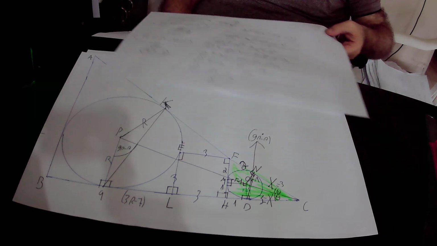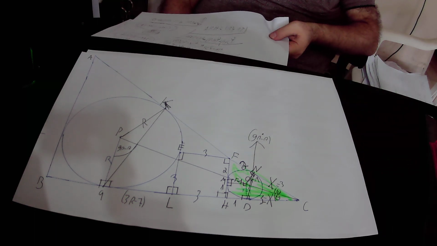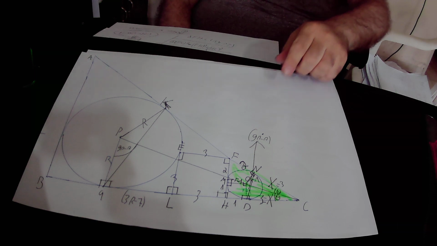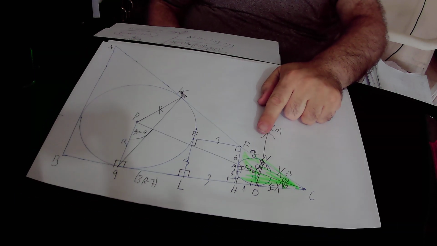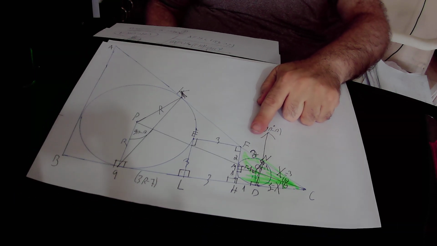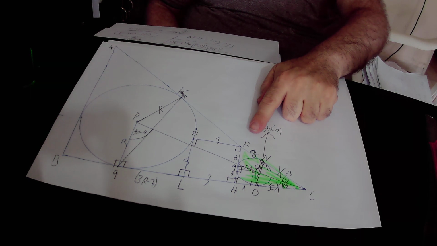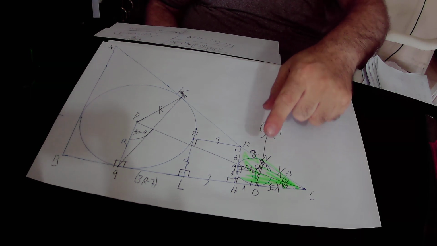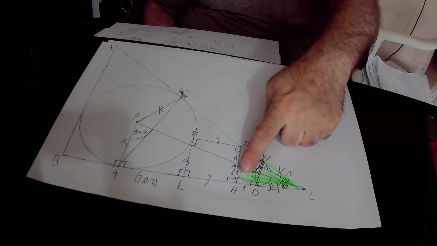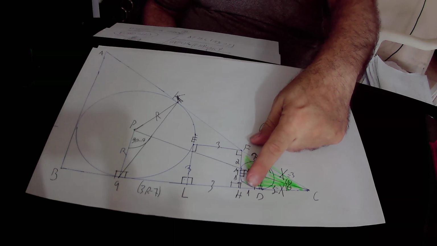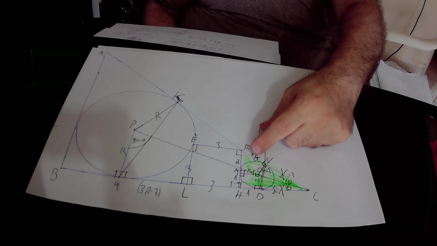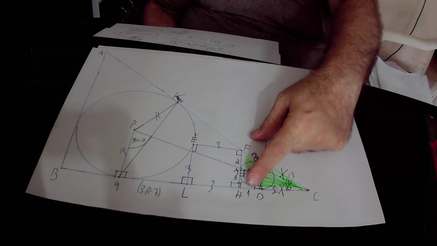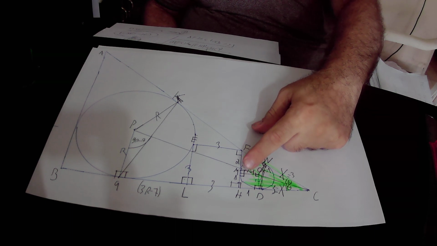Then here we have used rule number 2 from the common external point. Here we know that MH equals 1 and FH equals 3. So FM is FH, that is 3, minus MH, that is 1. 3 minus 1 is 2.